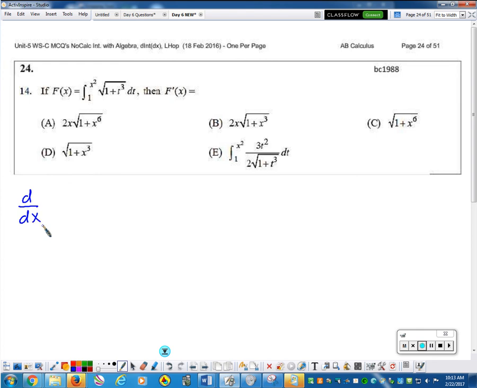So look at 24, okay? Look at 24. It says find capital F prime of x. It means I've got to be finding the derivative of something. Someone raise your hand and tell me what must I write here to indicate what am I finding the derivative of? Kelsey. So capital F, perfect.